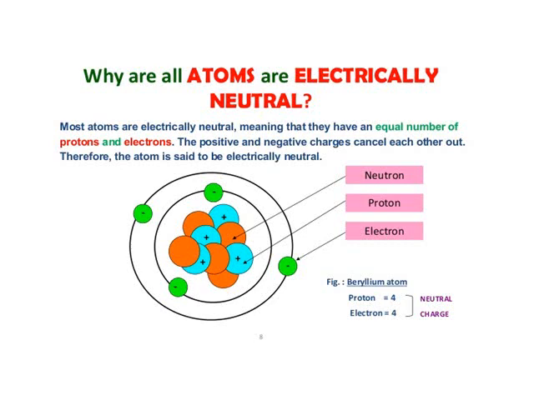Again you will come to the number 4. There are 4 electrons which are negatively charged. Since this beryllium atom has 4 protons and 4 electrons, the beryllium atom is said to have no charge, and that's why we call it neutral.